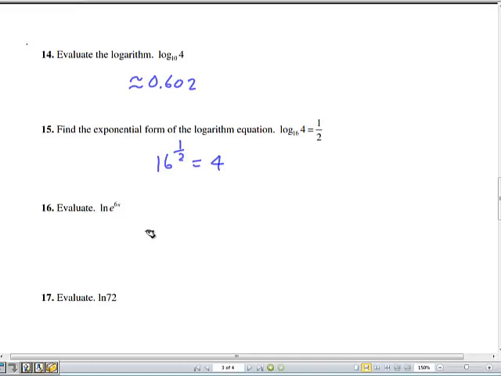Evaluate this. Evaluate means to use your calculator, but we don't really need to because these cancel each other, so that equals 6x. Evaluate natural log of 72 on my calculator. I get, rounded, 4.277. Number 18.